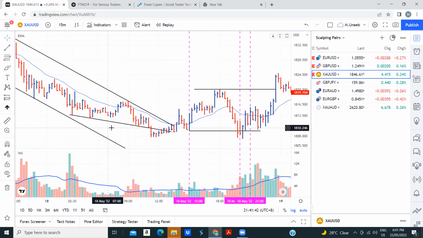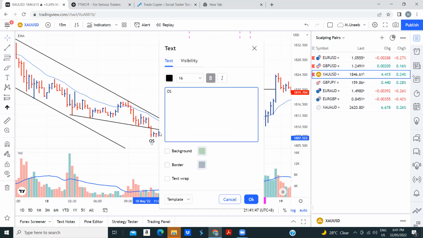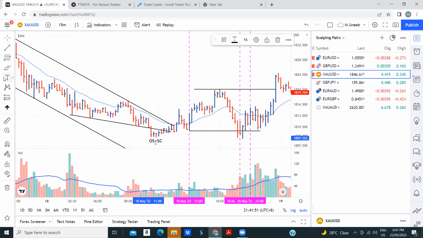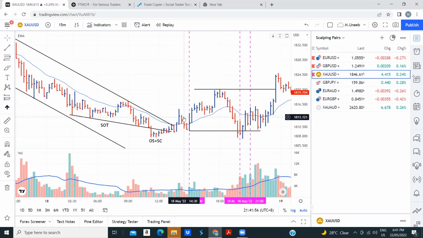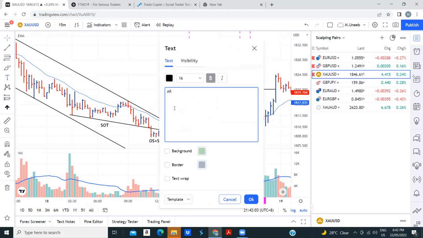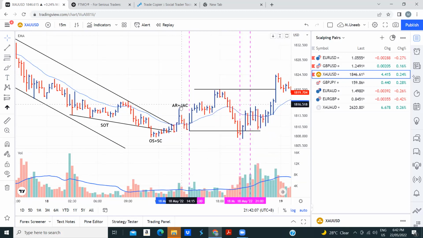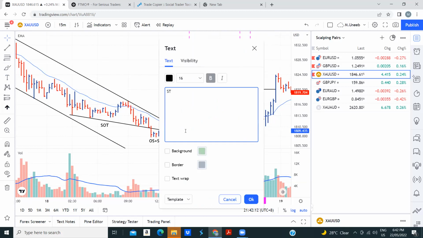After shortening of the thrust, this is what? Oversold plus selling climax. And this is SOT, shortening of the thrust. This one is what? This is AR plus JAC, right? And this is a secondary test. A secondary test has what characteristics? Higher low. Am I right?